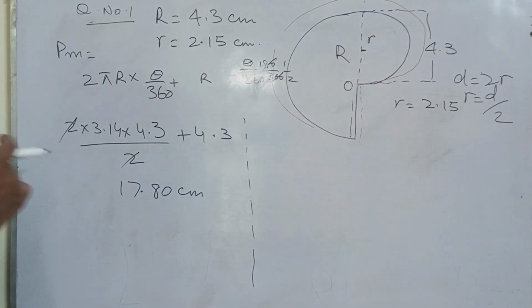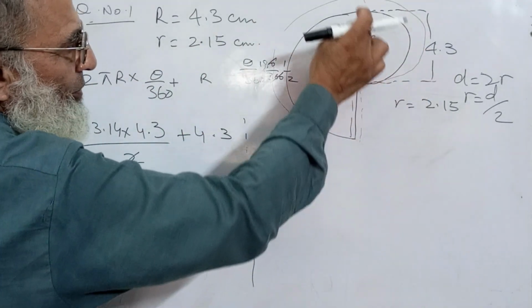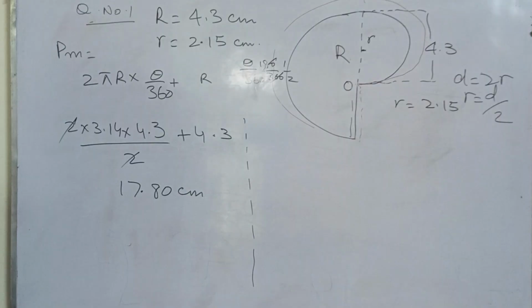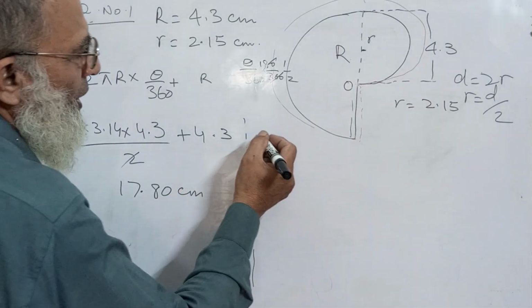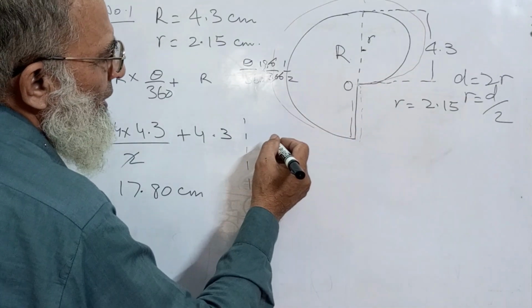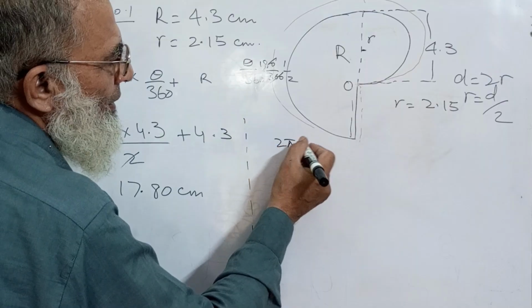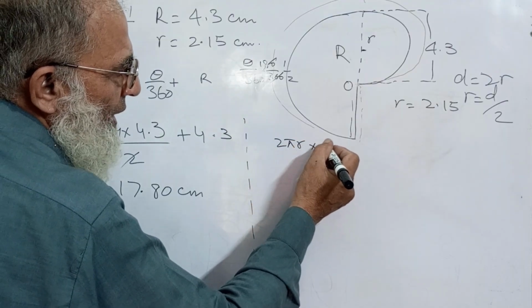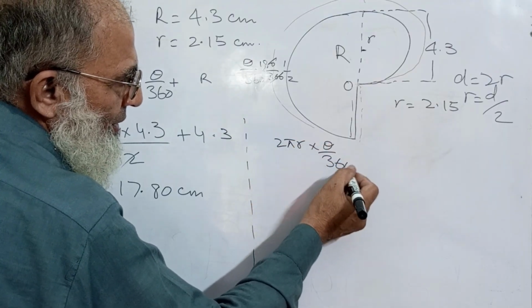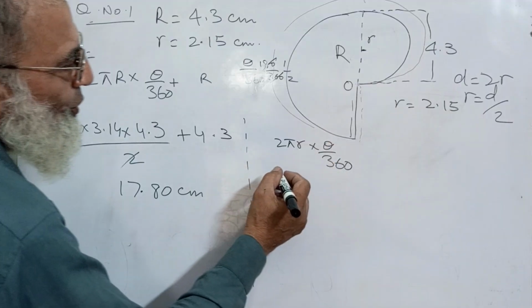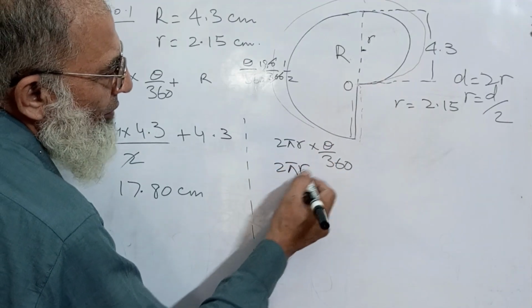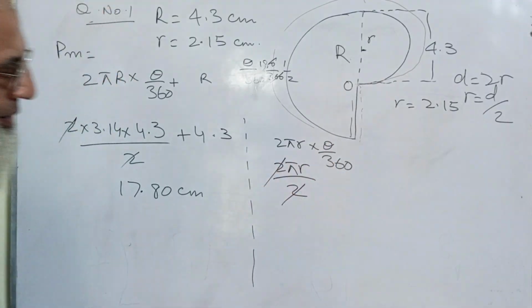This is the larger circular path. Now for the smaller circular path, this is only the arc length. So arc length of the smaller is 2 pi r into theta upon 360. Since this is the half, you can write it 2 pi r divided by 2. So it will cut this.